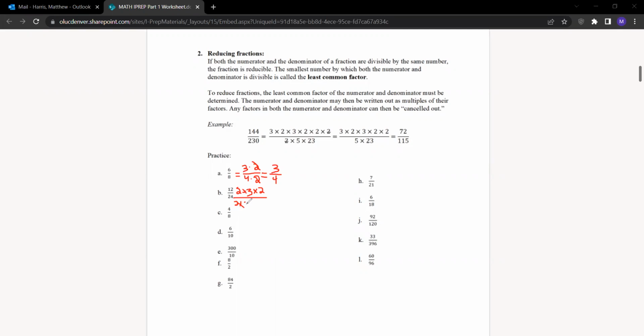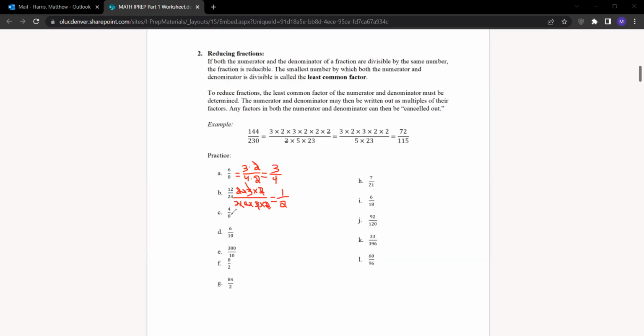We know 12 is going to be 2 times 6, and 6 is going to be 3 times 2. So then we cancel out. We have 2's here, 2 here, 3 here, 3 here, 2 here, 2 here. So we're left with 1 over 2. If there's nothing left on top, it's just going to be a 1. So 1/2.